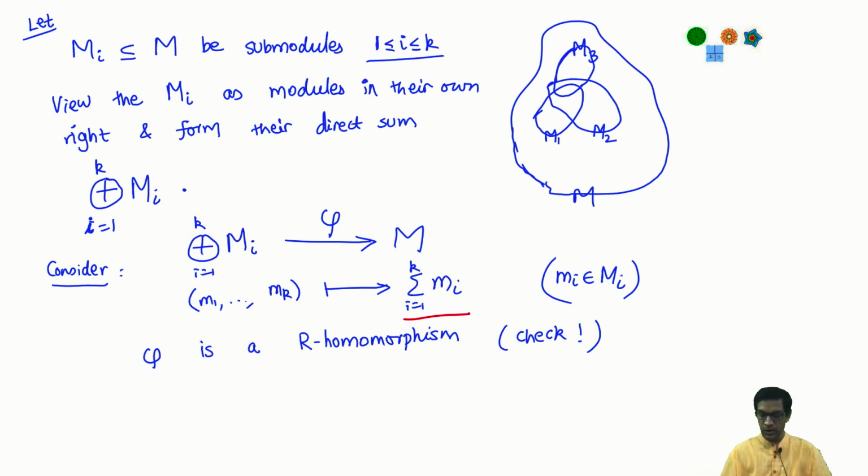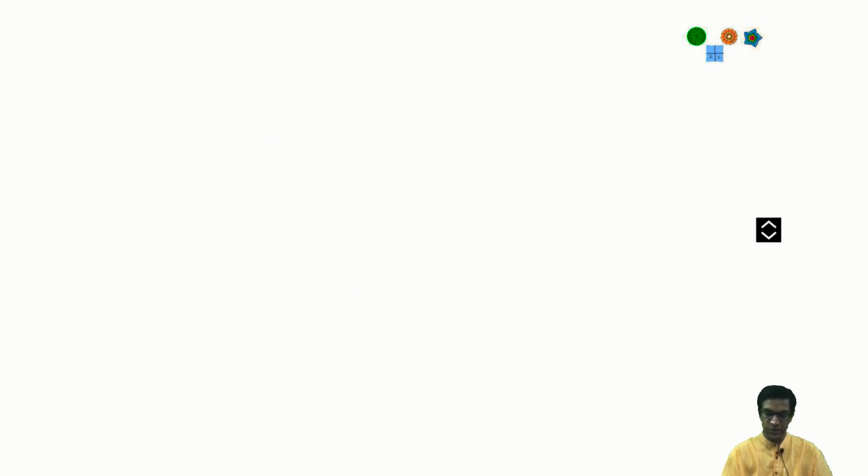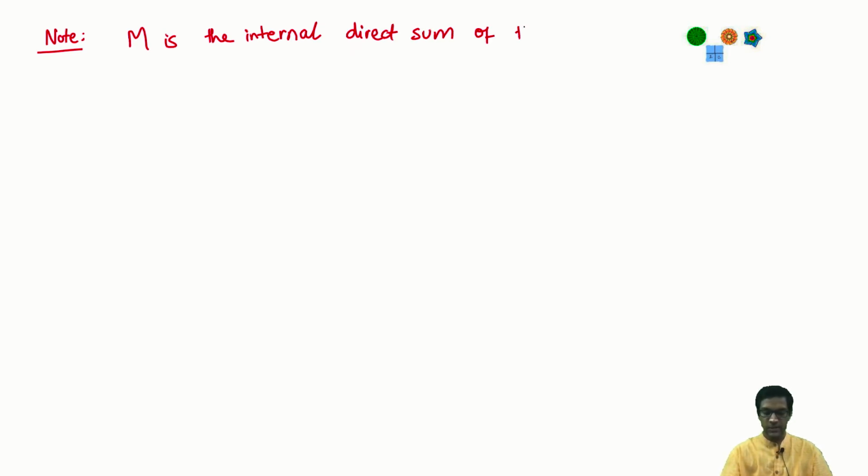So what this means is that, more or less by definition, M being the internal direct sum of the submodules Mi, i from 1 to k, is the same as saying that this map phi which I just defined is an isomorphism. Phi is an isomorphism.